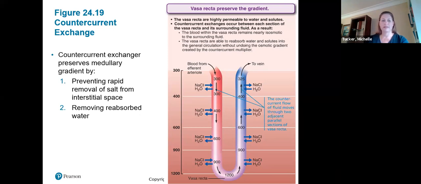Okay. So the gradient is preserved, but salt and water to some extent will be reabsorbed into the systemic circulation. So the countercurrent exchange is accomplished by the vasa recta. It will return reabsorbed water to the systemic system along with a small amount of salt.